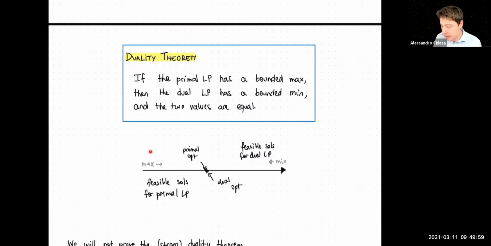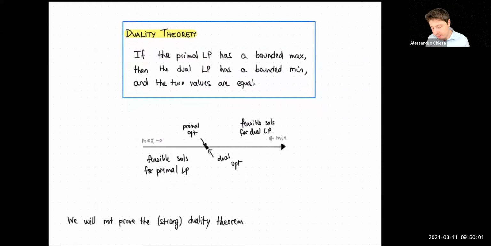All right, so this is the picture you have. And as I said, we will not prove this duality theorem. In fact, what I stated is really strong duality. There are two theorems: duality says that the dual linear program is an upper bound, and strong duality says that not only is it an upper bound, but it equals the maximum of the primal, okay?